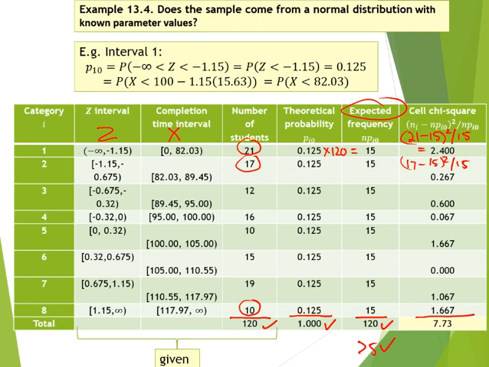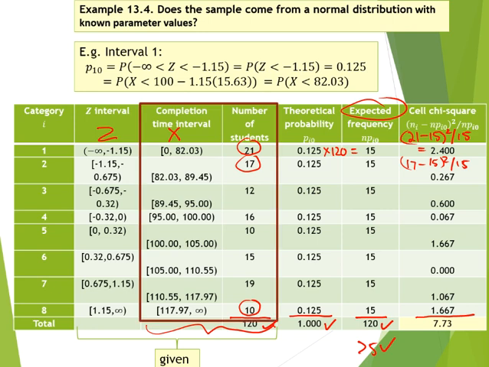We will give you these intervals, or at least these ones. And then you can continue. So you don't need to worry about how to obtain these intervals like you had to do in this example. We'll give this to you and tell you to test whether this has a normal distribution.